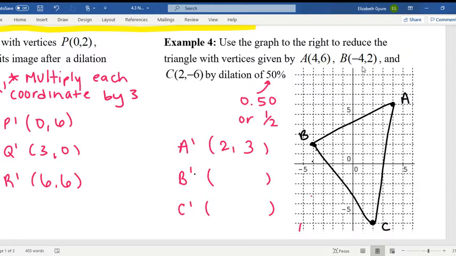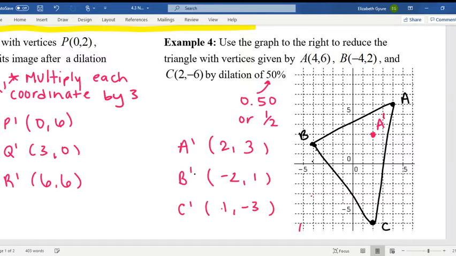Then do the same thing to B. Can someone tell me what B prime should be? Oh, come on, guys, you can divide by 2. -2, 1. And then what should C prime be? Good, 1, -3. All right, so A prime is 2, 3.